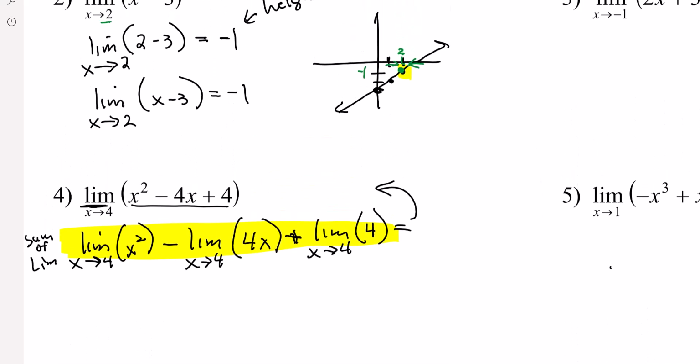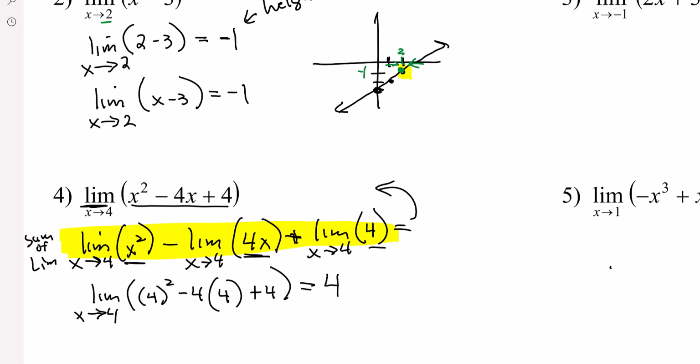So again, you would write the limit. You don't have to separate them. I'm not going to make you do that. I just want you to be aware of the limit laws. So you would write parentheses 4 squared minus 4 times 4. Well, 4 squared is 16, minus 4 times 4, so those two zero out.